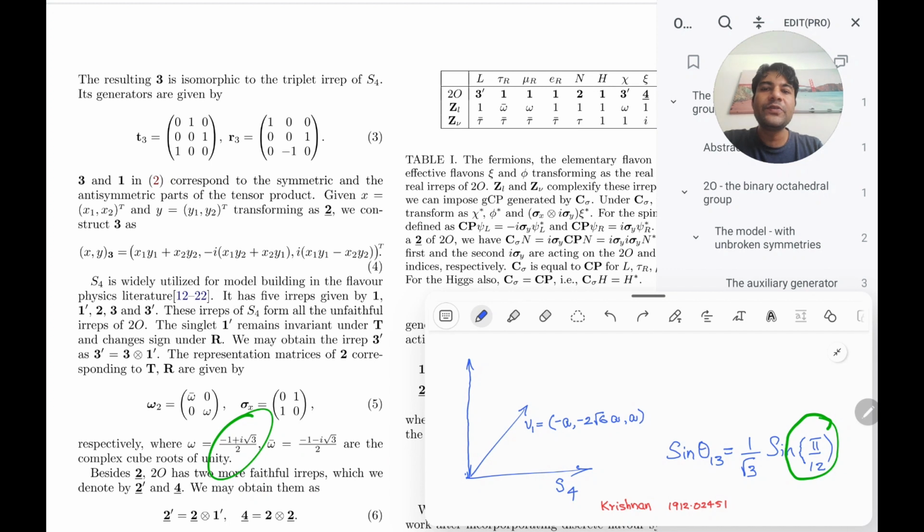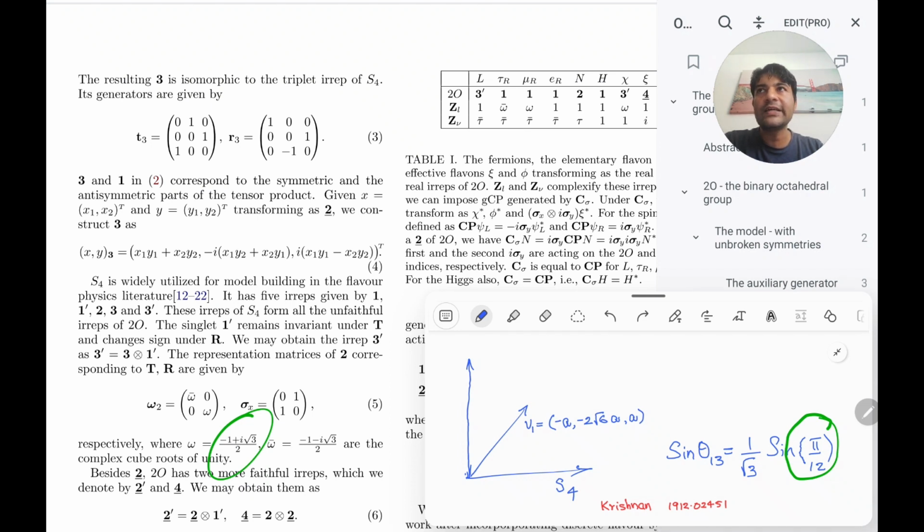Finally, I would like to give you a general motivation for going in this path. Initially, in the literature, we used A4 and S4 to construct flavor models, and these gave tri-bimaximal mixing. And when we looked beyond tri-bimaximal mixing, we wanted to get a small reactor mixing angle.